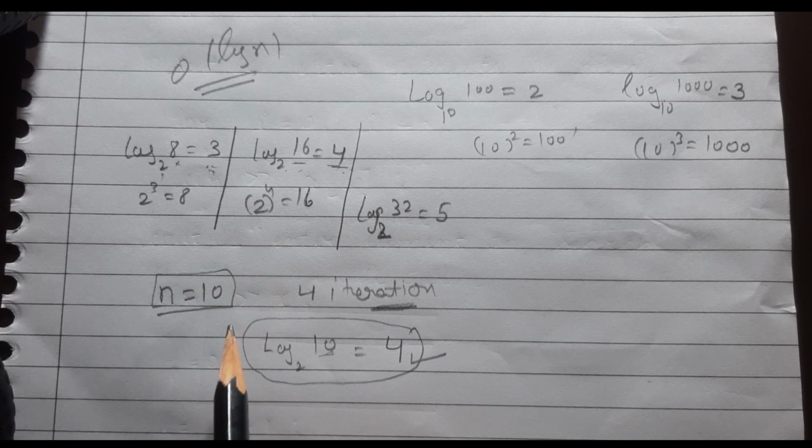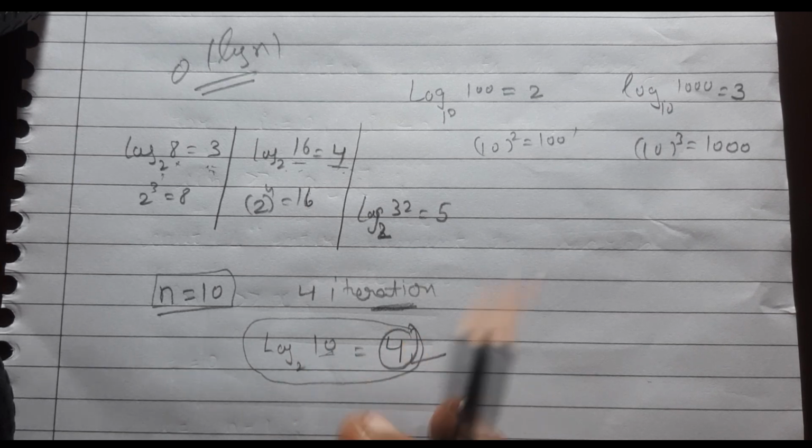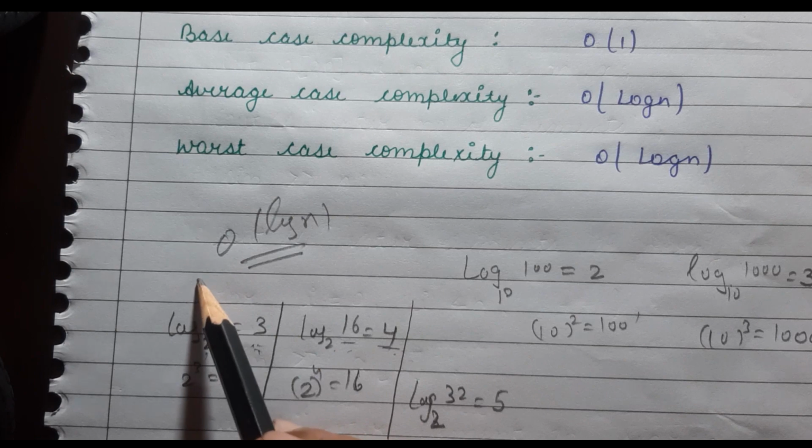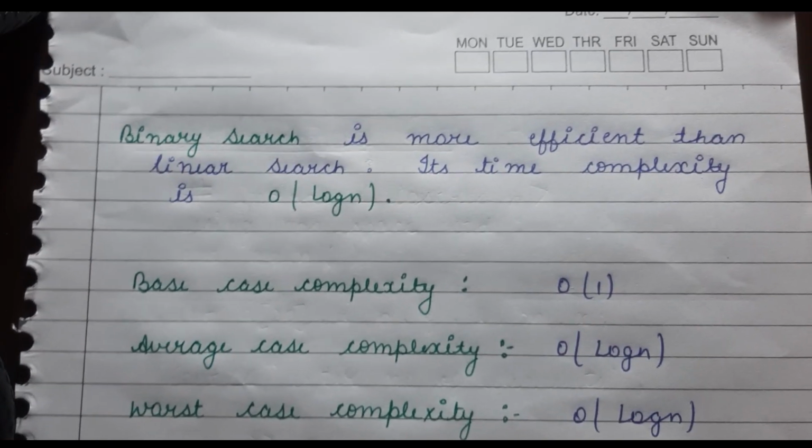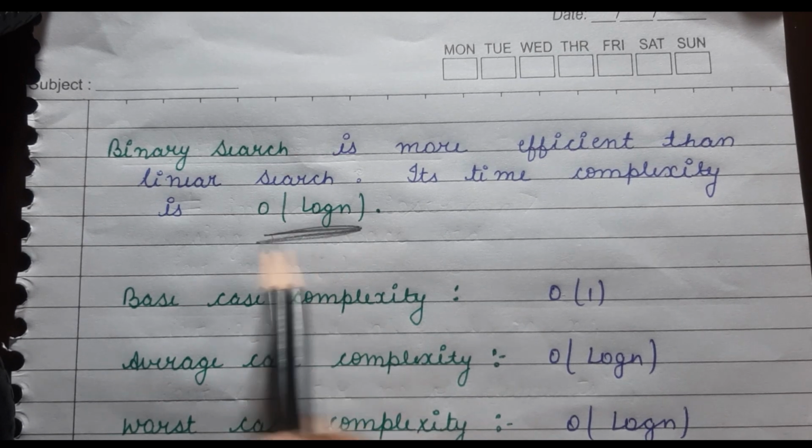In actual it becomes 3 point something, 3.45 something, and I take the ceil value, so it becomes 4. So that's why the time complexity for the binary search technique is log n.